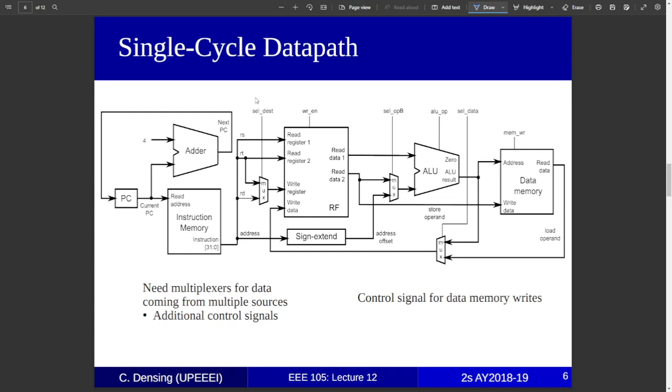So if it's a load instruction, for example, a load word instruction, the destination selection would be 0 because we want to choose RT. But if it was, say, an add or sub instruction, we would choose RD, which would be 1. So I assume the way we choose registers is actually if 0, the top one, if 1, the bottom one. So that's the way we solve that one.